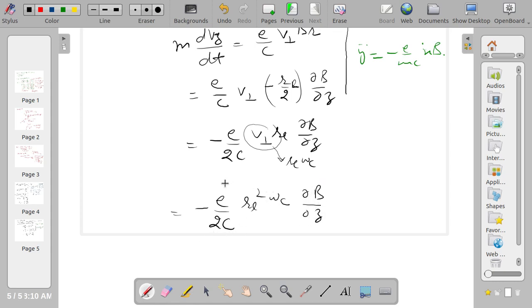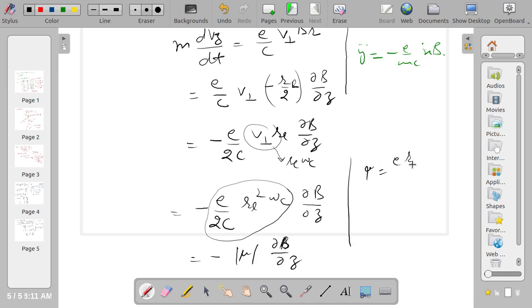So this is nothing but the value of mu, the magnetic moment, times ∂B/∂z. As we know that mu is equal to e R_L square over 2c times omega_c, right.